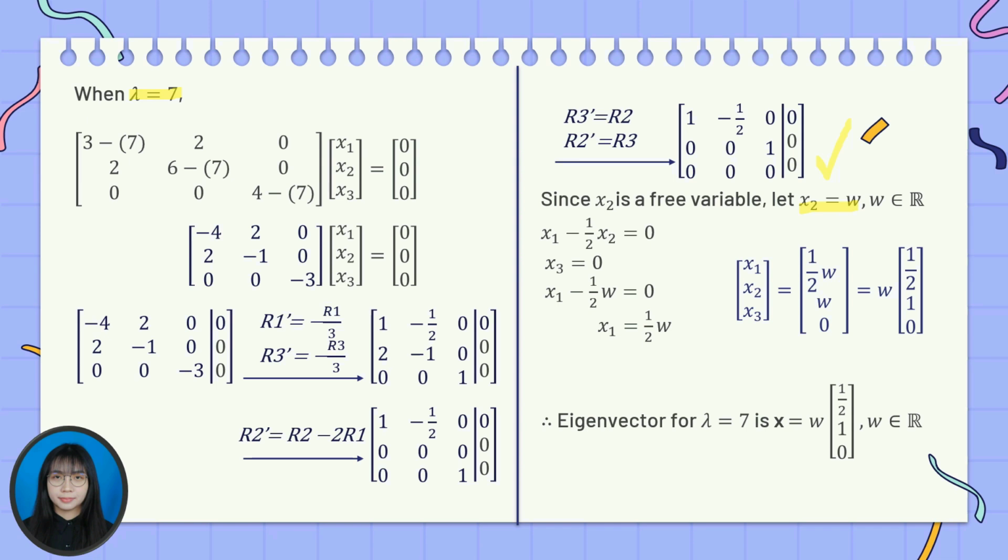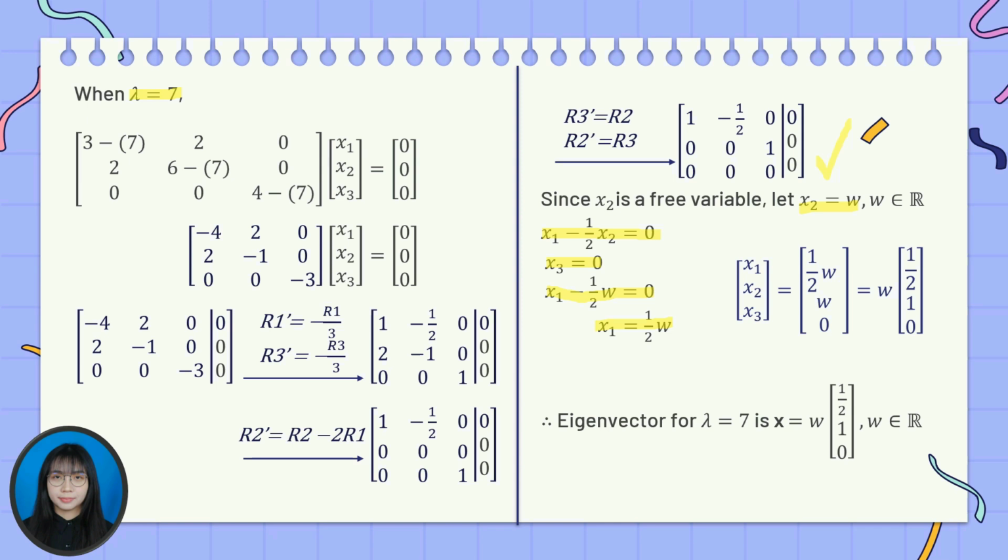From the REF form matrix, we get that x1 minus 1/2 x2 equal to 0 and x3 is equal to 0. Since we let x2 equal to w, we also obtain x1 is equal to 1/2 w from the equation x1 minus 1/2 w equal to 0.